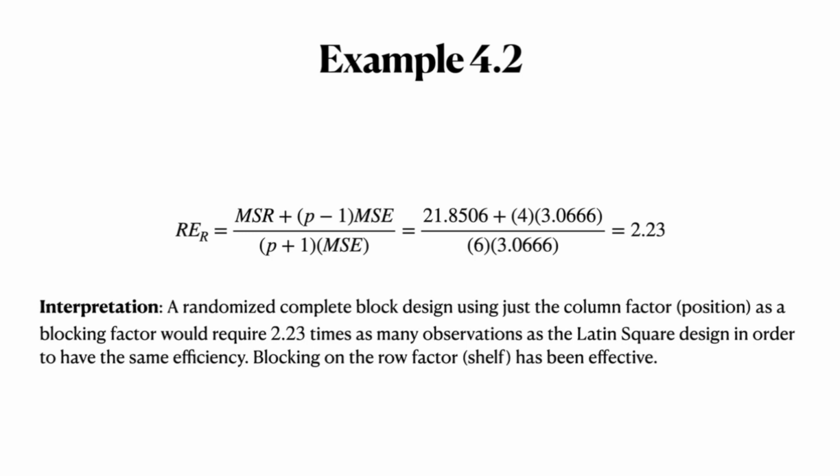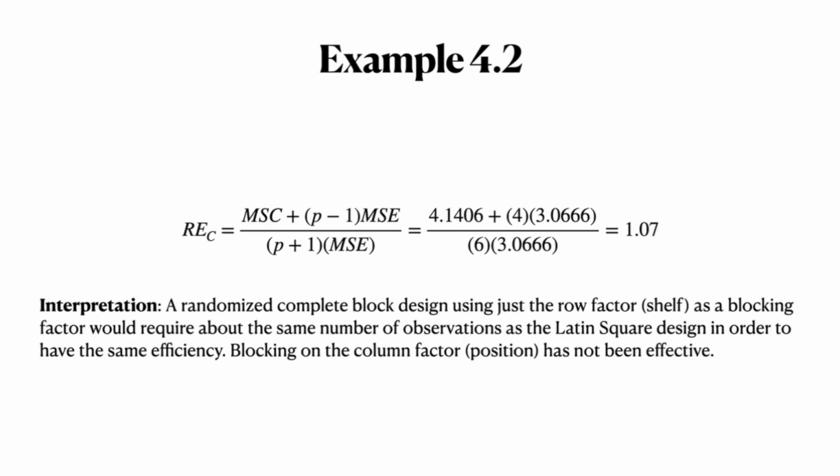That relative efficiency is 2.23. The interpretation there is that a randomized complete block design using just the column factor, or position front to back on the shelf, as a blocking factor would require 2.23 times as many observations as the Latin square design in order to have the same level of efficiency. And so we can see here that blocking on the row factor, in other words the shelf, has indeed been effective.